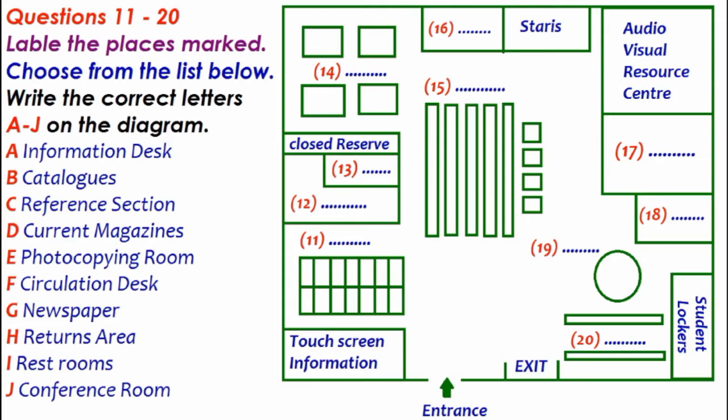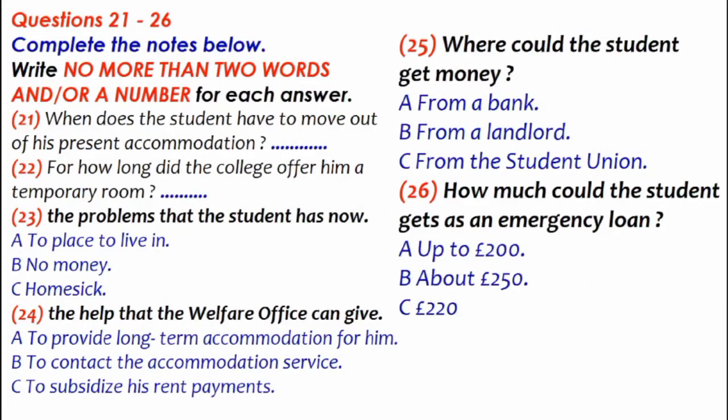That is the end of part 2. You now have half a minute to check your answers. Now turn to part 3. Part 3. You will hear a conversation between Caesar and a welfare officer.